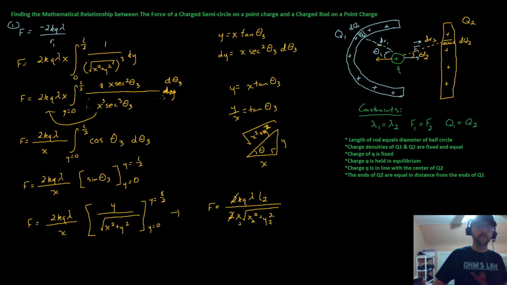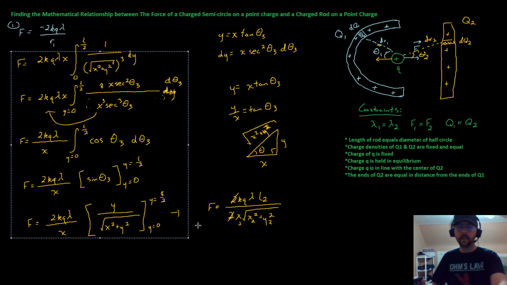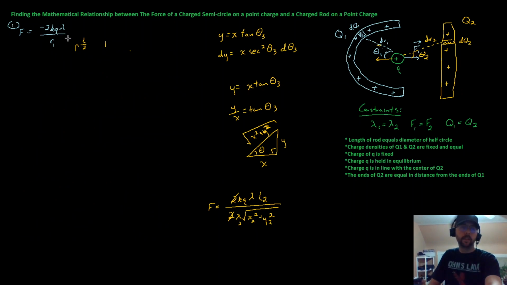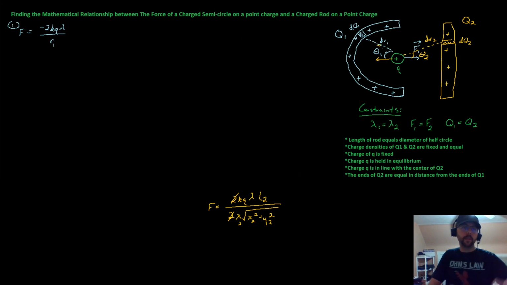All right, so now we have solved Coulomb's law for each half of the original setup. Now what we want to do is compare them mathematically, which is what I thought was kind of interesting. So let me just rewrite number 2.